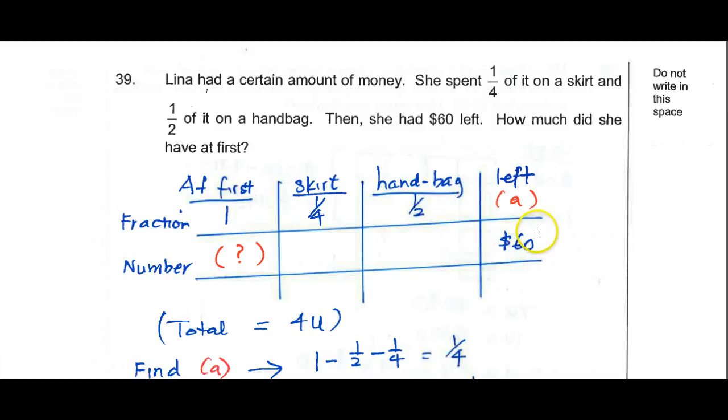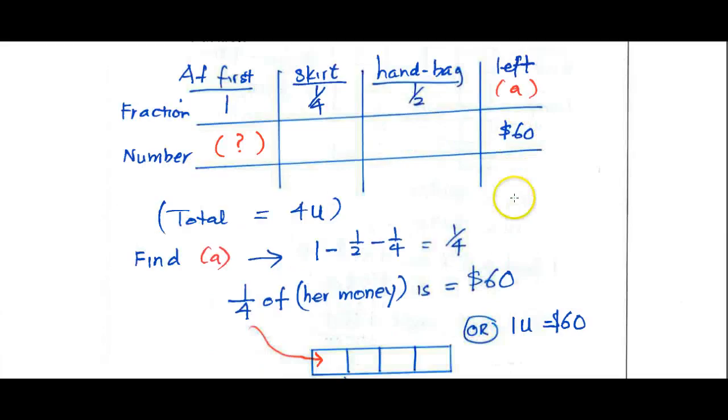All we have to do is to find the corresponding fraction for $60. It means this $60 is how many parts, how many U's there. So number one is to find that.